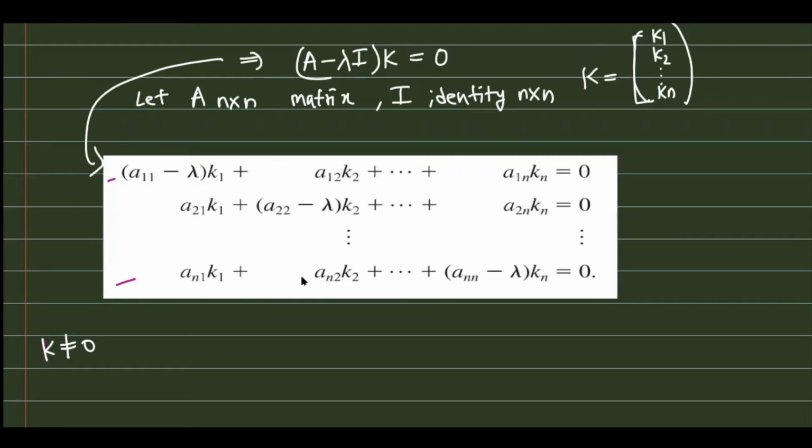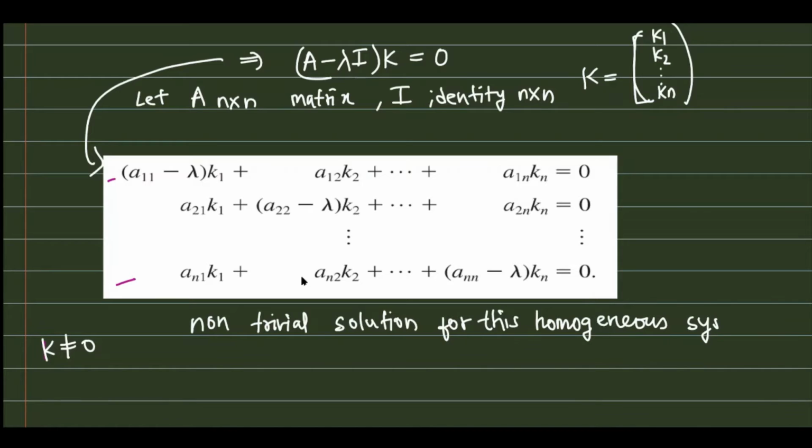So it means that we should have a non-trivial solution for this homogeneous system. This will happen if and only if the determinant of the coefficient matrix is equal to 0. This we have studied in the last class.